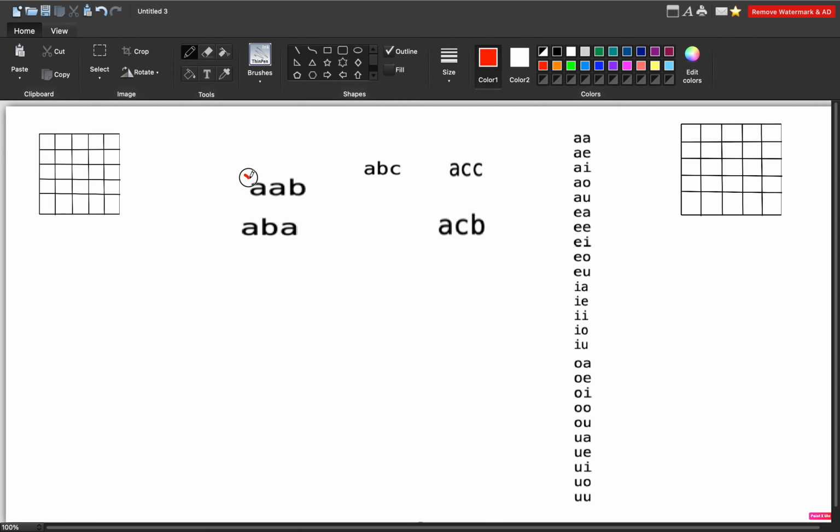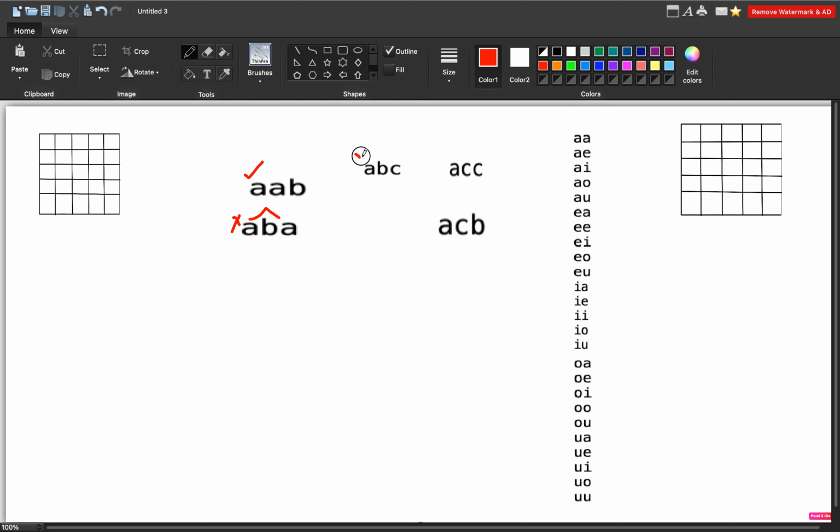So this is lexicographically sorted since b is obviously greater than a, so it comes after it. But this one is not lexicographically sorted because a is smaller than b, but b here is bigger than the next a. So it is first increasing and then decreasing, so it is not lexicographically sorted.